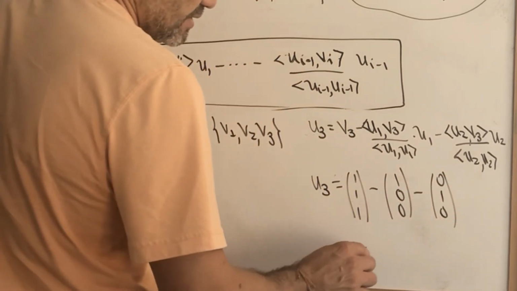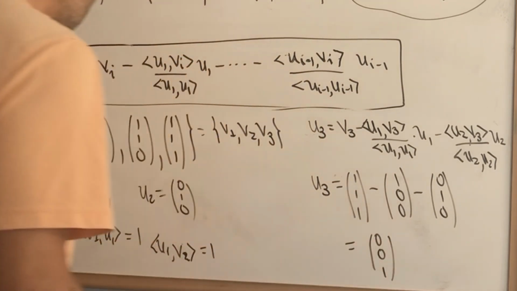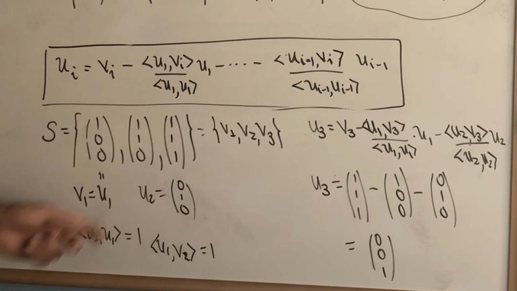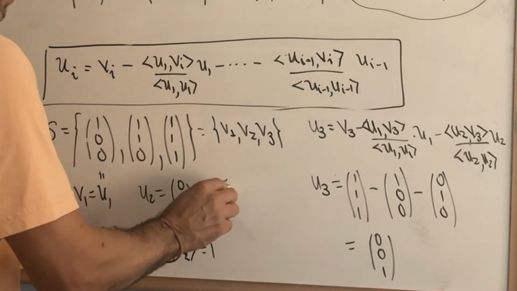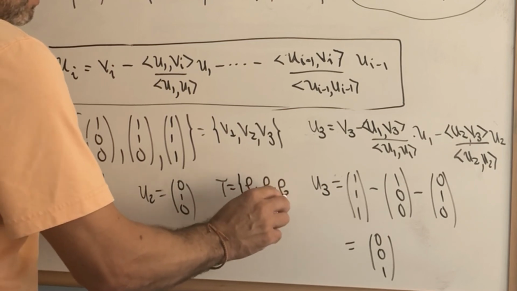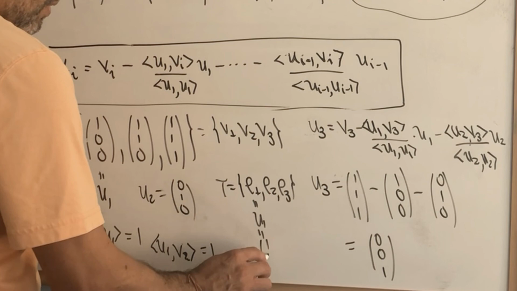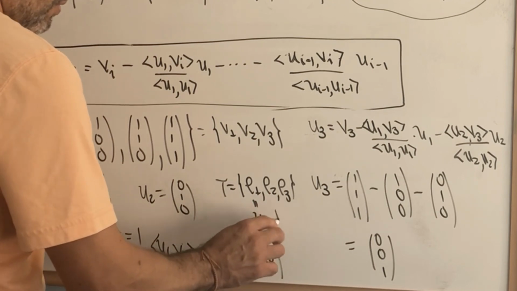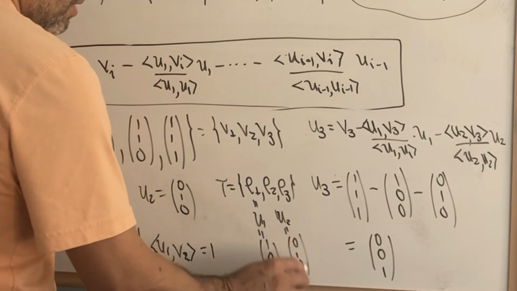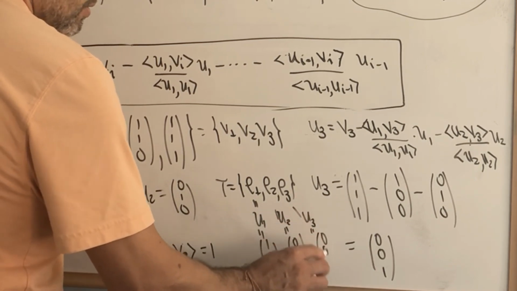And then we get that this is just 0, 0, 1. Then in this case, if we start with these three vectors, we end up with the canonical basis. This is u1 is 1, 0, 0, u2 is 0, 1, 0, and u3 is 0, 0, 1.